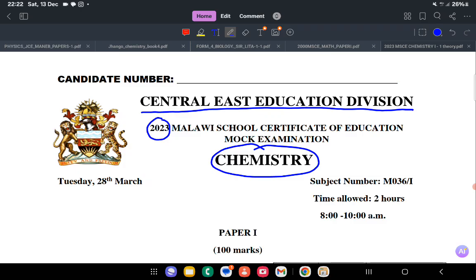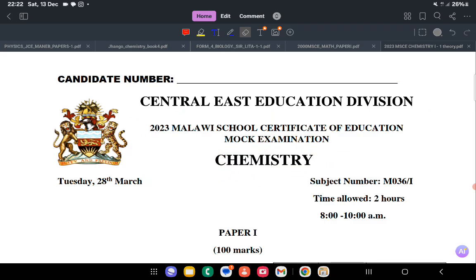So, the structure of the paper. Start by looking at the cover page. There's space for your exam number. If you are a candidate, let's say your school number is M2040 and your candidate number is 002, you indicate your number there.